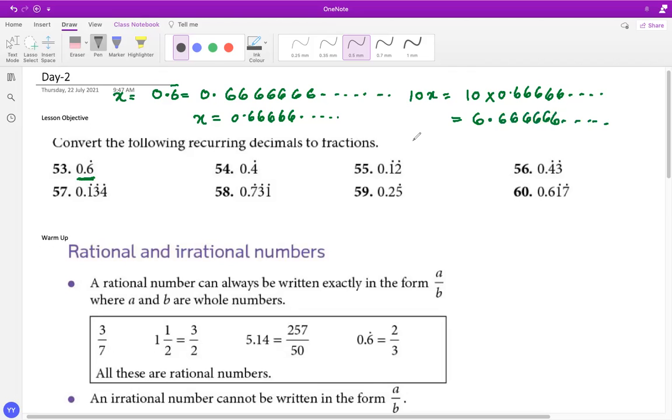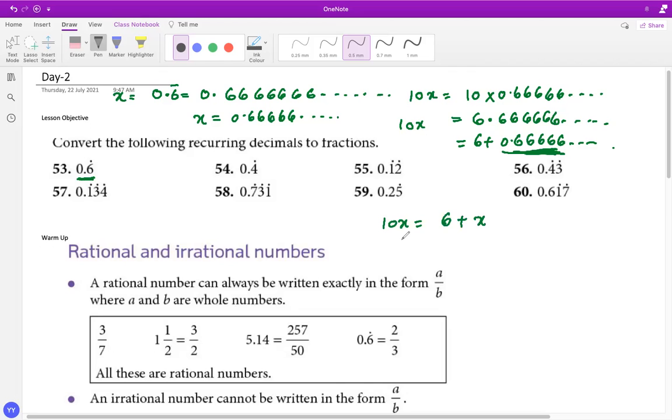If my left-hand side is 10x, the right-hand side I can break down as 6 plus 0.6666 again recurring. What we see is that this is nothing but x. So I can write this as 10x equals 6 plus x.